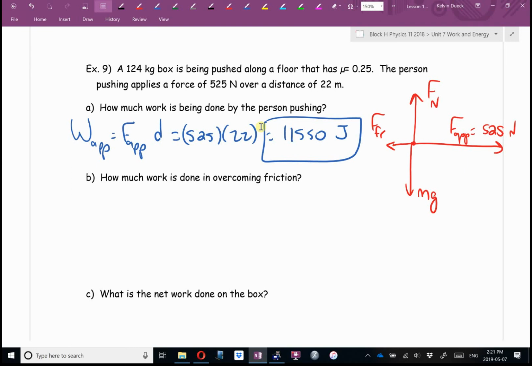Logan, what's B want me to find? Work? Yeah, more specific. So I think the work in overcoming friction is going to be, correct me if I'm wrong, Logan, the force of friction times distance. Seems to be kind of symmetrical that way, yes? Friction is what times what?